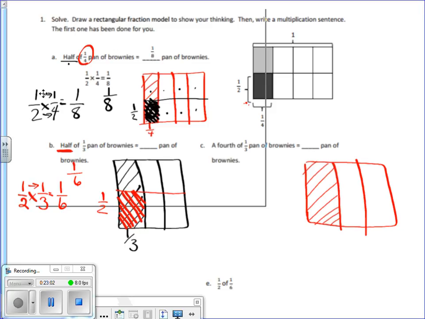Okay. How many am I going to go across left to right? 4, because it says of 4. So 1, 2, 3, and 4. How many am I going to color in? 1.